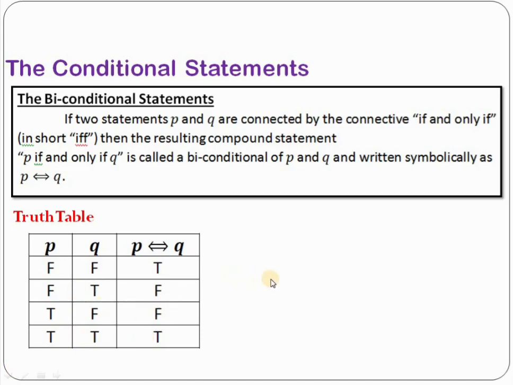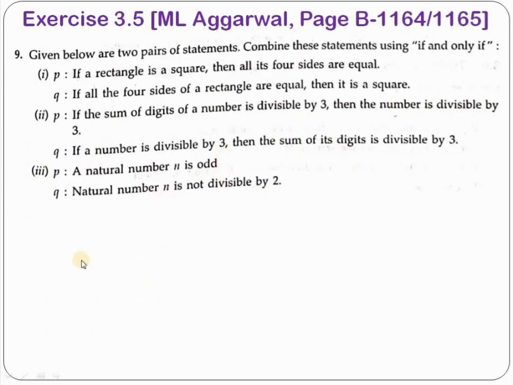All right, so let us see a few examples for biconditional statements. Here given below are two pairs of statements. Combine these two using if and only if. It is given, if a rectangle is a square, then all its 4 sides are equal.